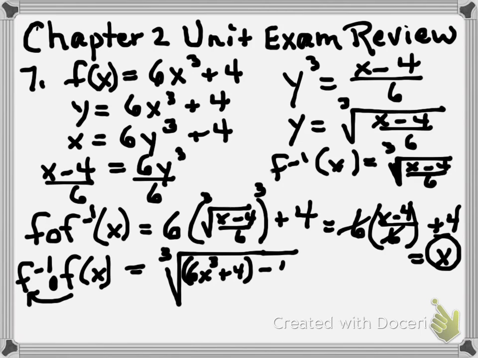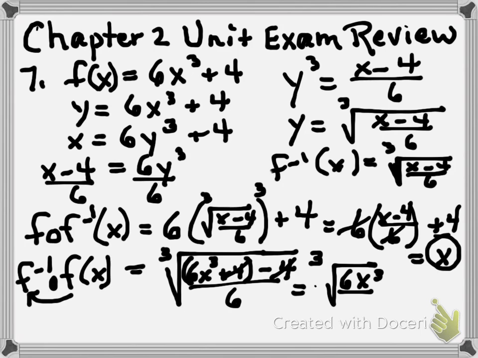Still in the numerator, I have minus 4 over 6. Plus 4 and minus 4 give you 0. So now I have the cubed root of 6x cubed over 6. The 6's divide out. The cubed root of x cubed is just equal to x.